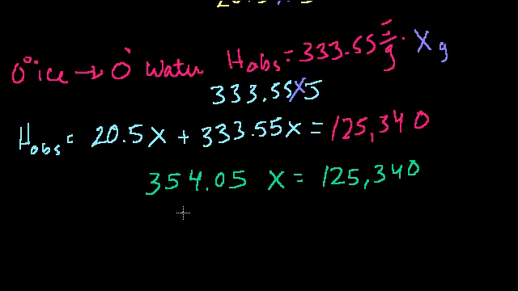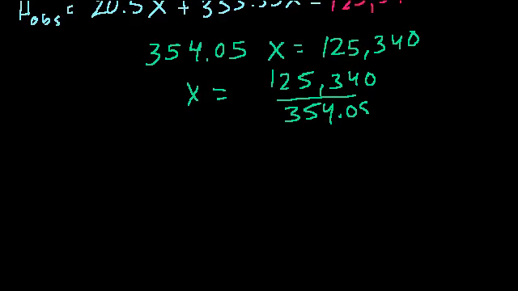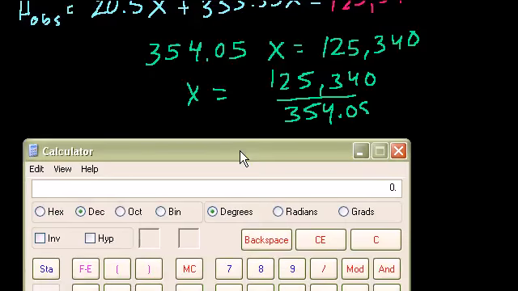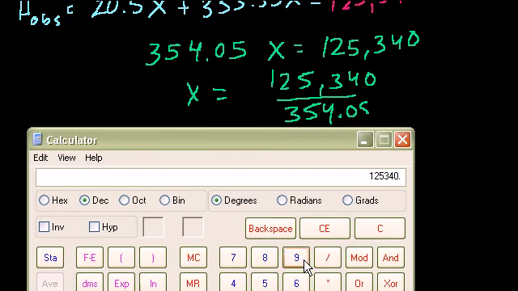And you divide both sides. So X is equal to 125,340 divided by 354.05. I'll take out the calculator for this. The calculator tells me that 125,340, the amount of energy that has to be absorbed by the ice, divided by 354.05 is equal to 354 grams, roughly.